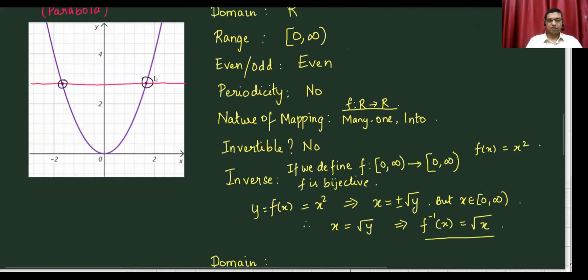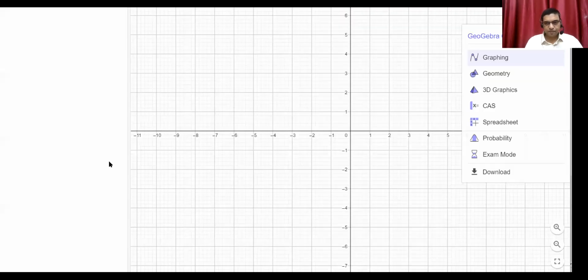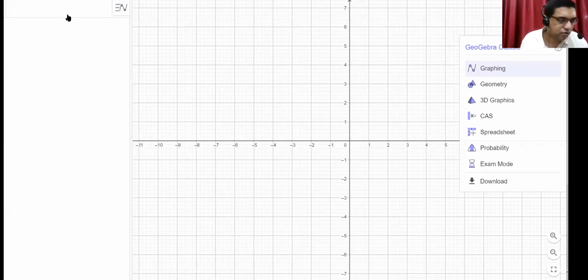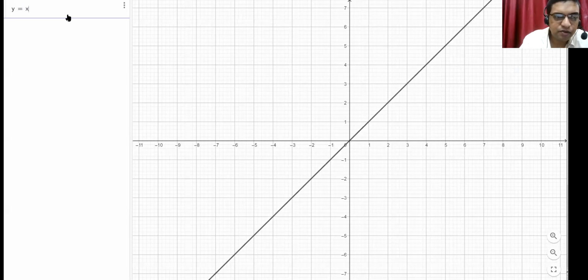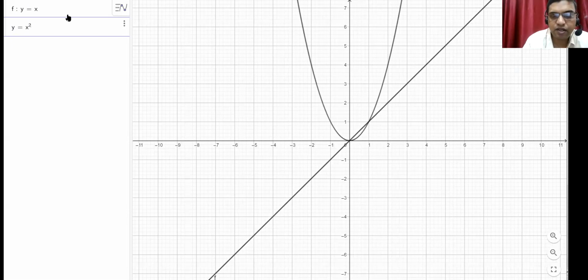Okay, and let's see the graph in the grapher. Something very important to tell you here. Y equal to x square, y equal to x is this line. Y equal to x square, that's the black line.